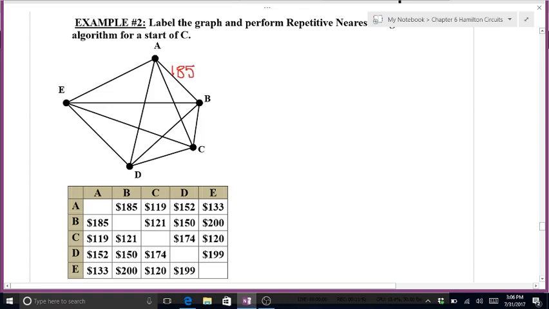A to C is 119. A to D is 152. And A to E is 133.